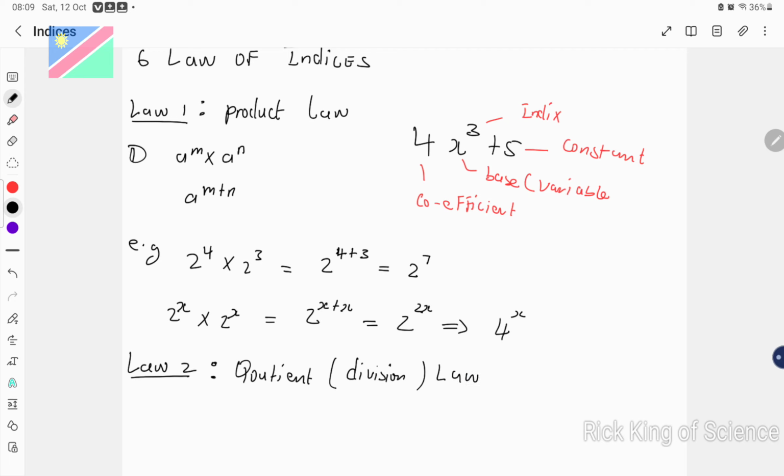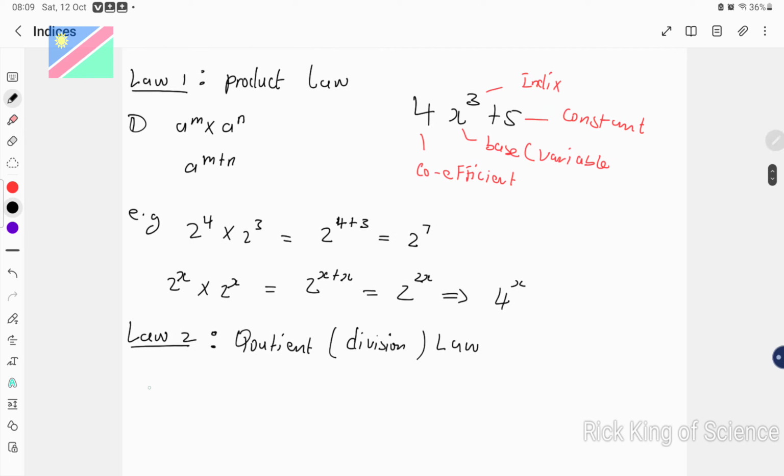This one means division, there's a division sign like we have here. We have a power m divided by a power n, which is equal to a power m minus n. That means for division, you subtract the index. For multiplication, you add the index.